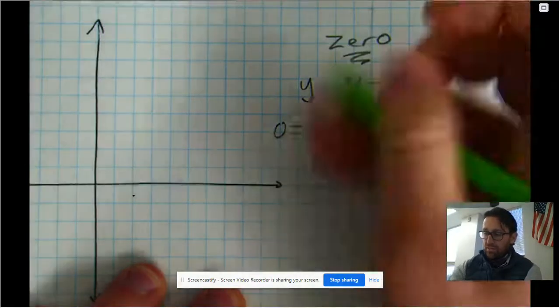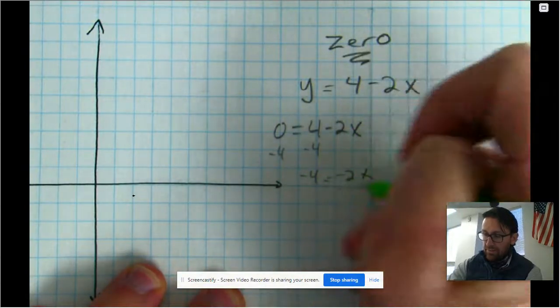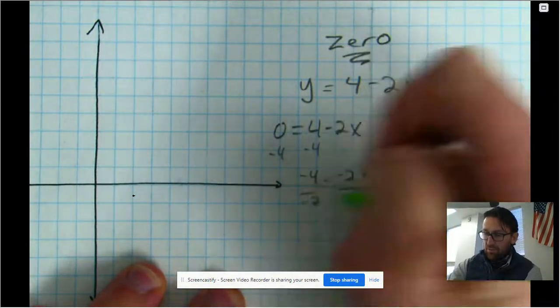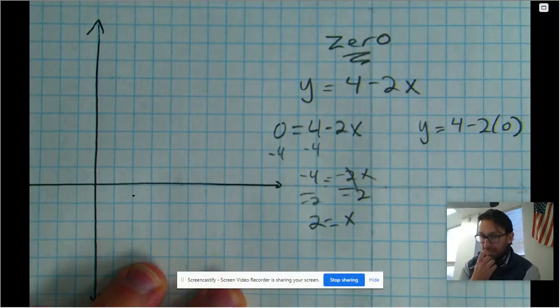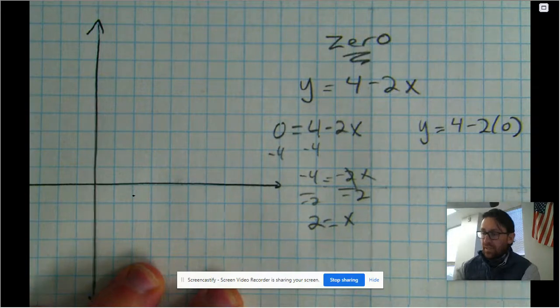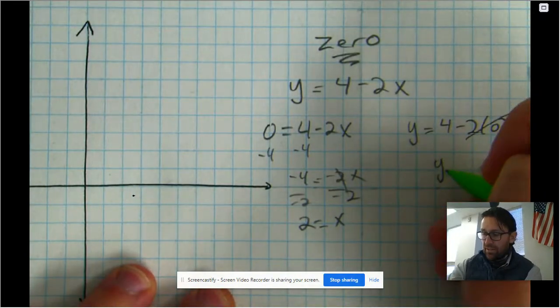This one we subtract 4 from both sides. Divide by -2. x equals 2. And then this one, 2 times 0 is 0. So y equals 4.